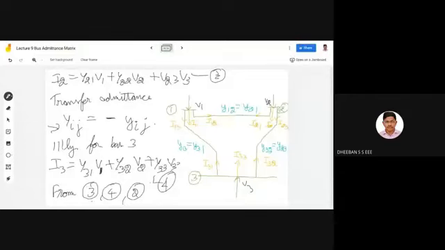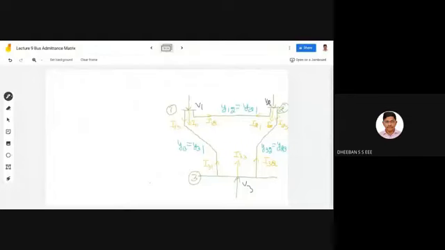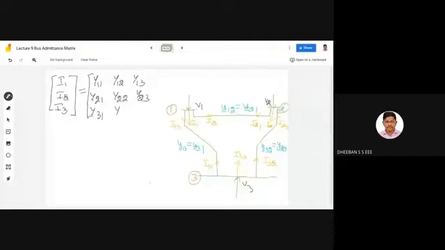The matrix looks like I1, I2, I3 equal to the matrix y11, y12, y13, y21, y22, y23, followed by y31, y32 and y33, into v1, v2, v3.